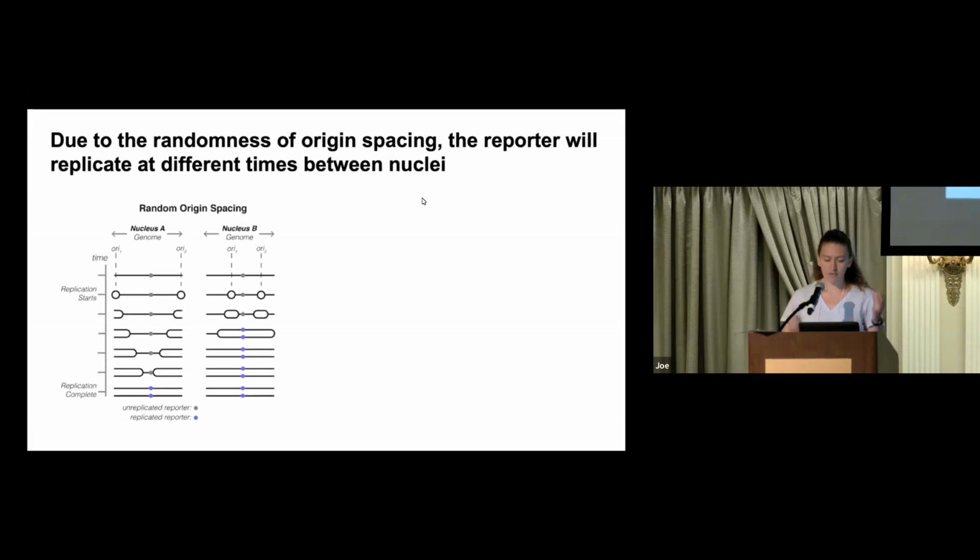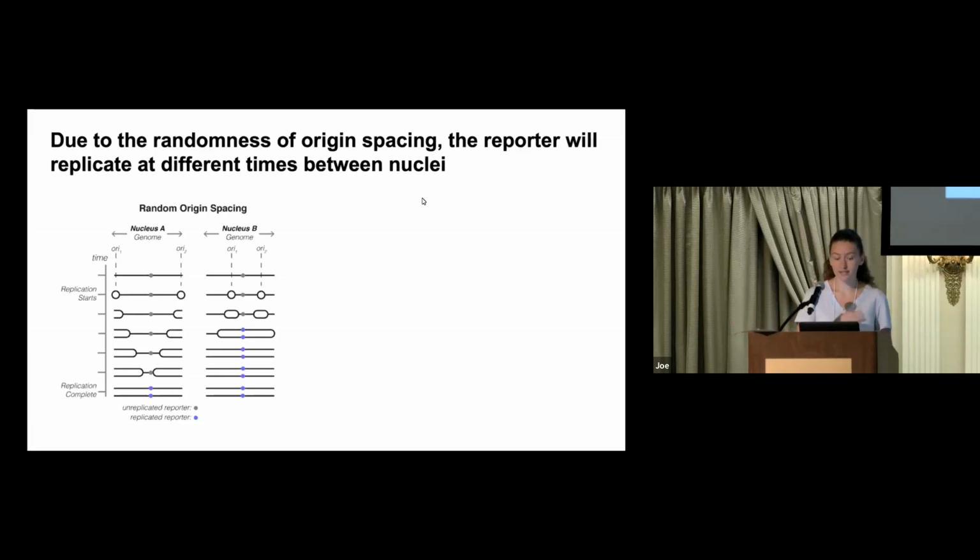So if origin spacing is random, then the reporter will replicate at different times between nuclei. For example, in nucleus A on the left, the origins of replication fire far away on either side of the reporter.